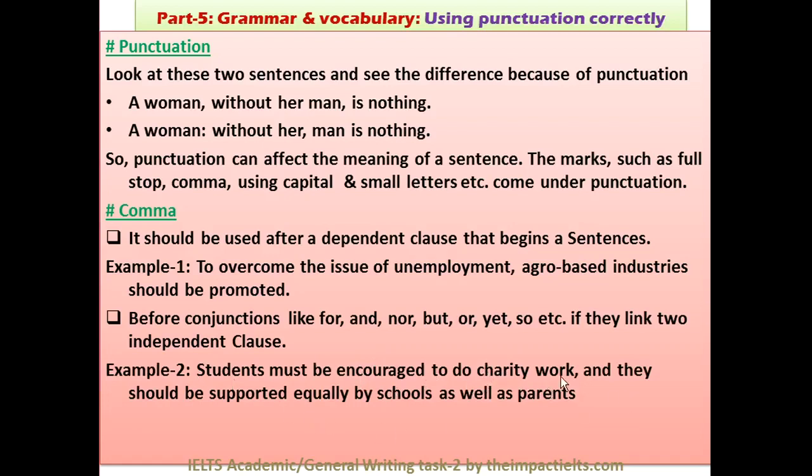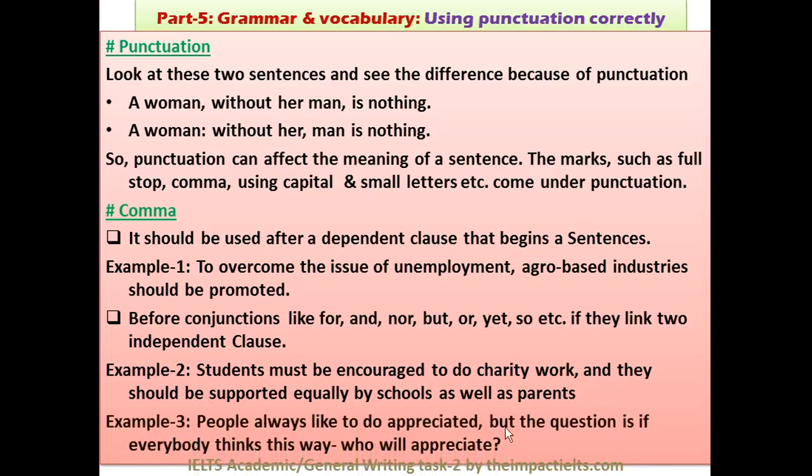Both are independent, but we are adding them with and, so a comma is needed, and you have to keep this in mind. We cannot use a comma between Ram and Sham, or between John and Mac. But here, because there is one independent clause and another independent clause, and we are adding them together with and, the comma is compulsory.